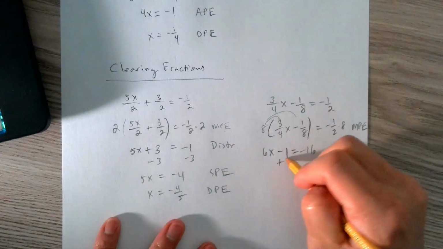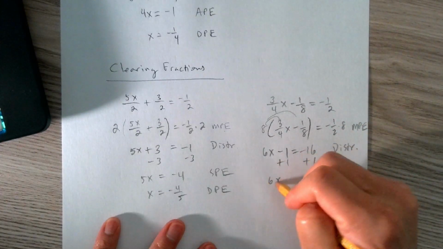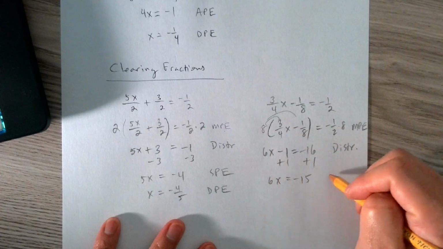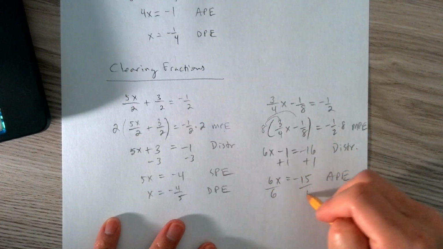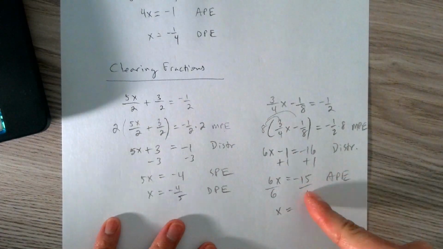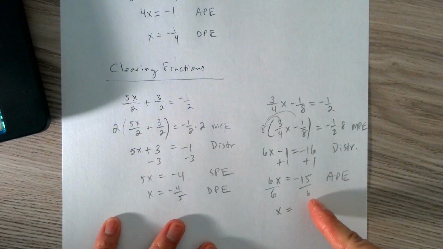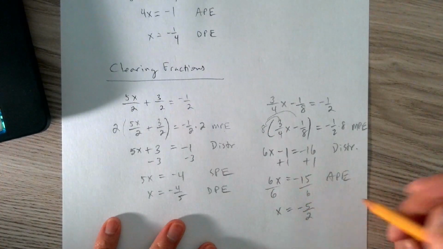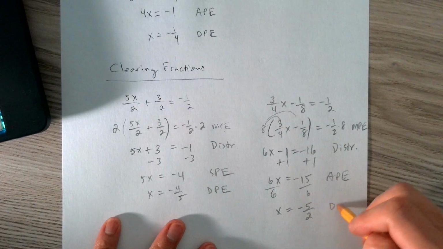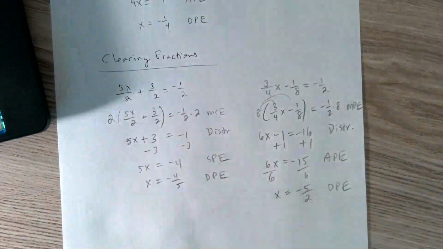Now I'm going to add 1. That's APE. And now I'm going to divide by 6. And that is definitely reducible, so we reduce that to negative 5 over 2. And that's my DPE. And I am done there.